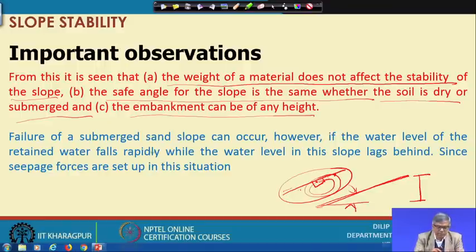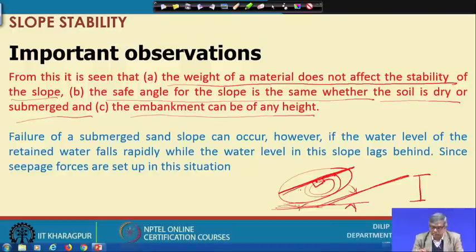Similarly, failure of a submerged sand slope can occur, however, if the water level of the retained water falls rapidly. That means, it was submerged initially, and then suddenly the water dropped to this level, then of course the analysis will totally change and it may fail.